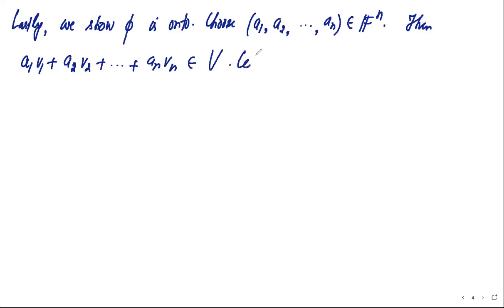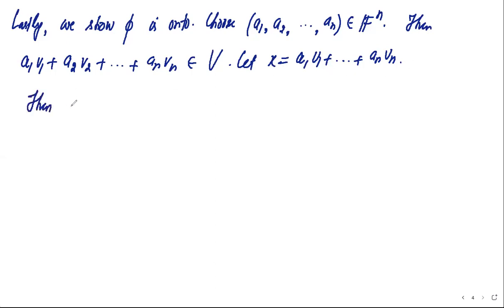So let x be equal to a1 v1 plus so on plus an vn. If we choose any n-tuple from Fn, then we will write this linear combination over the vectors Vi's. Then this a1 v1, a2 v2, so on an vn will be an element of V. So therefore there is some x in V which has this representation. Let x be equal to this element.